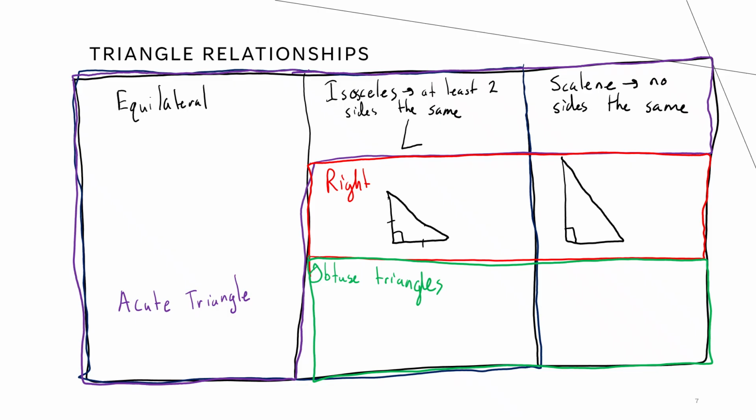Here's an isosceles acute, a scalene acute, whereas we can have a scalene obtuse triangle and an isosceles obtuse triangle. And so we have triangles that fit into each of those categories.